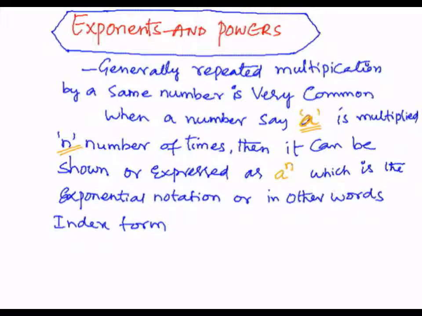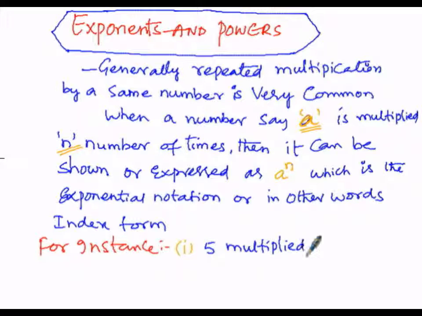So, now for instance, in the first case I am going to consider 5 multiplied thrice. Here thrice means 3 times.